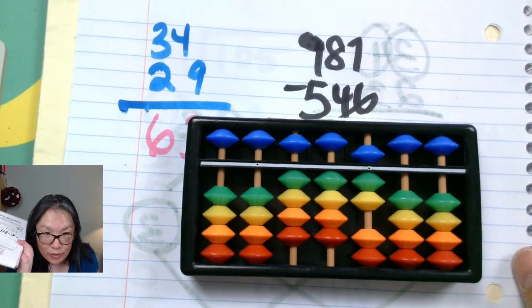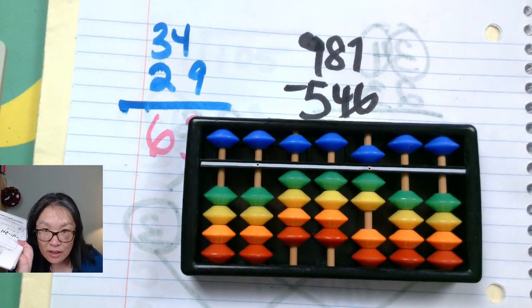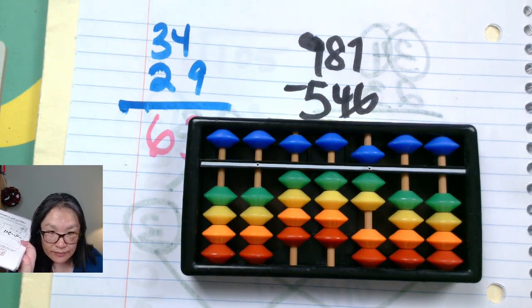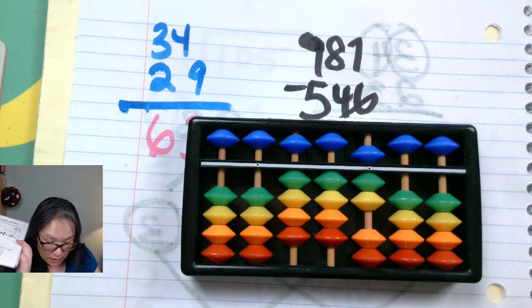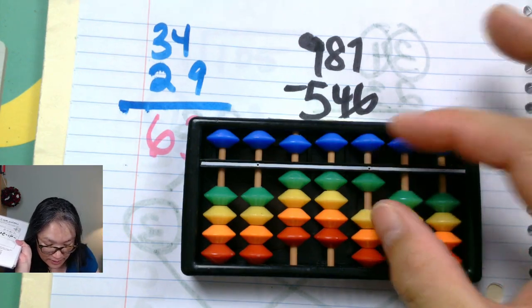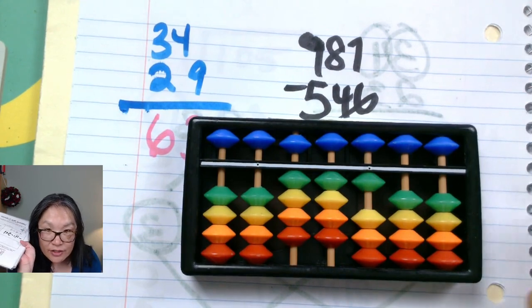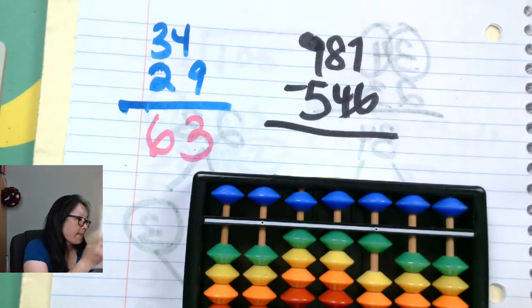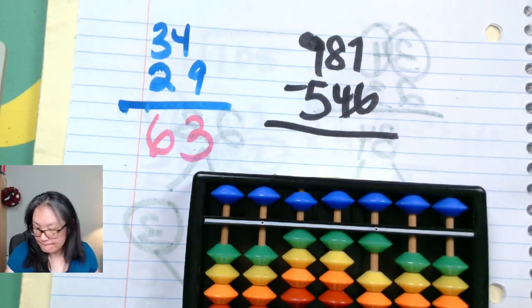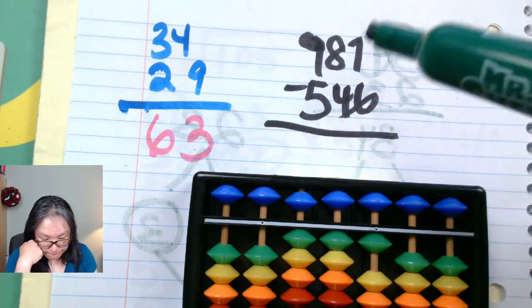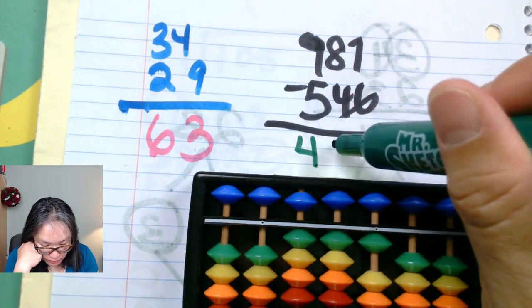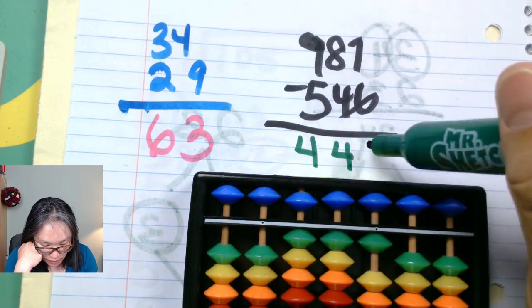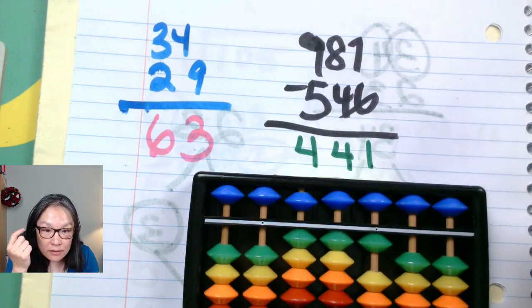And then I want to minus the 6. Can I take away the 6? We can. So all we got to do is minus the 6. So my final answer is what? 441. Yes.